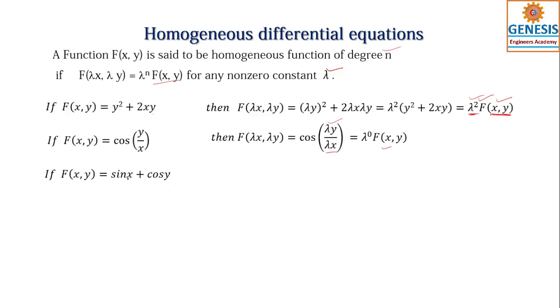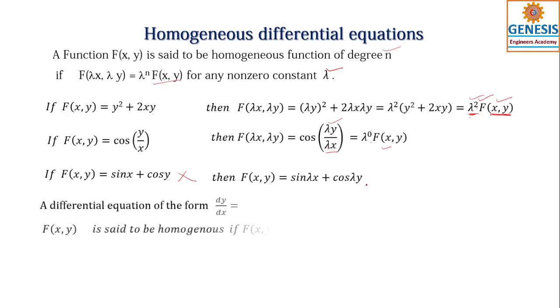Here if you replace x, lambda gets cancelled, but here also there is lambda x, lambda y. We cannot take that lambda as a common factor, so it cannot be written as homogeneous. So we should not call this equation homogeneous. The earlier one is homogeneous of degree 2, and this is homogeneous of degree 0.